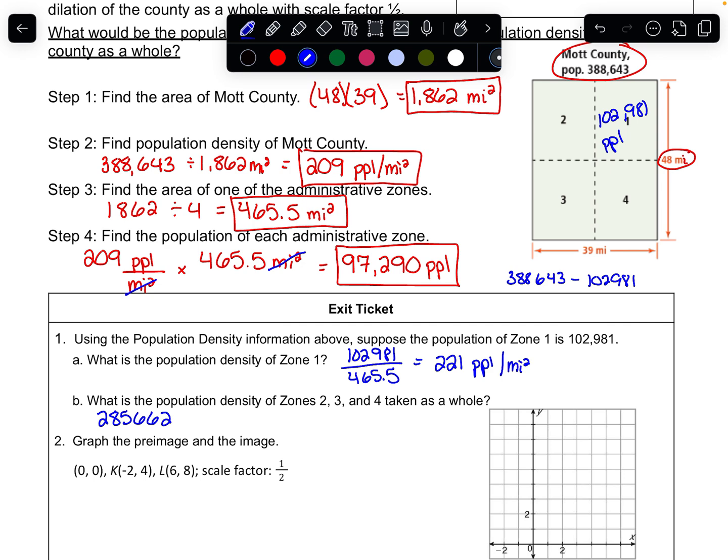So 2, 3, and 4 combined, that's the population. And we're going to divide that by the area of zones 2, 3, and 4 put together. So the area of 2, 3, and 4, that would be the area of one of them, so 465.5, times 3, because there are 3 zones. So I'm doing 465.5 times 3 in my calculator for the area. And I got a total area for those 3 zones of 1,396.5.